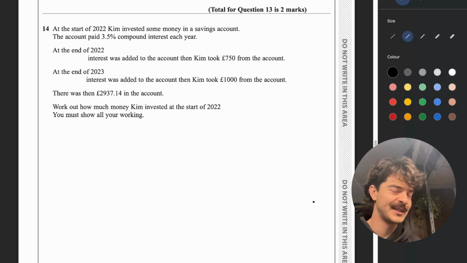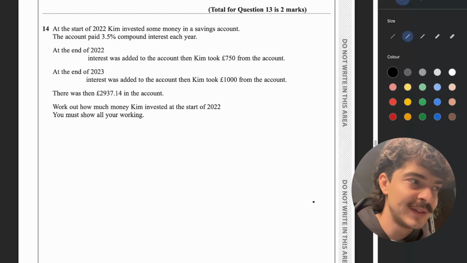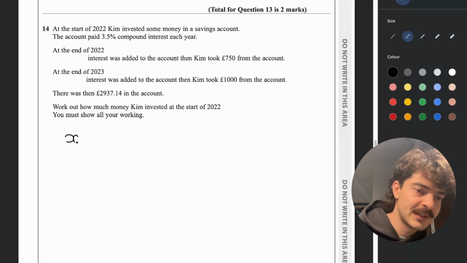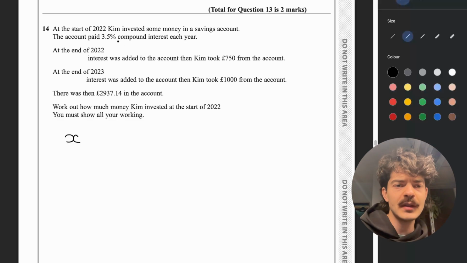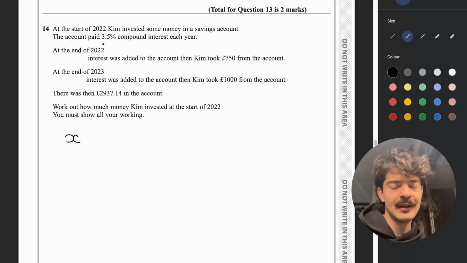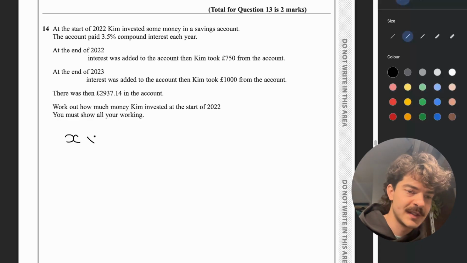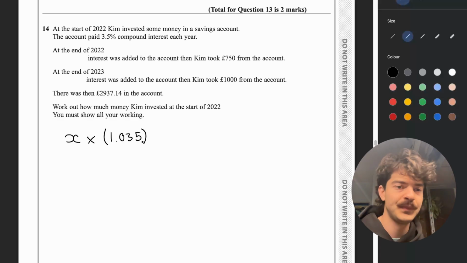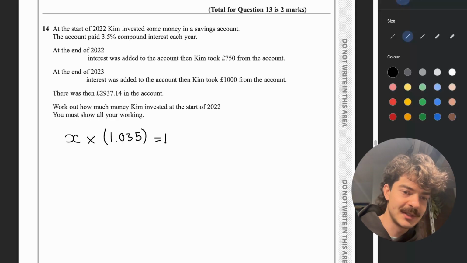But to do this, let's try and map out how it would work to begin with. So, to begin with, she invests X. She's then going to get this 3.5% interest. So this is going to multiply by 1.035. So this is now going to be the amount that she has at the end of 2022.